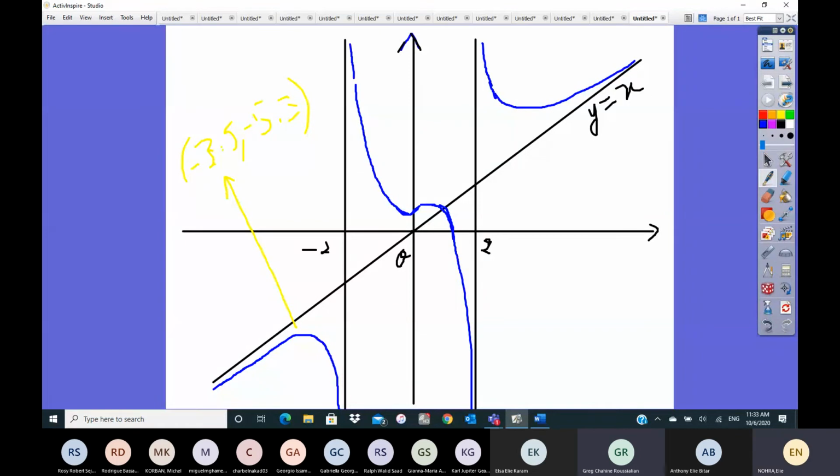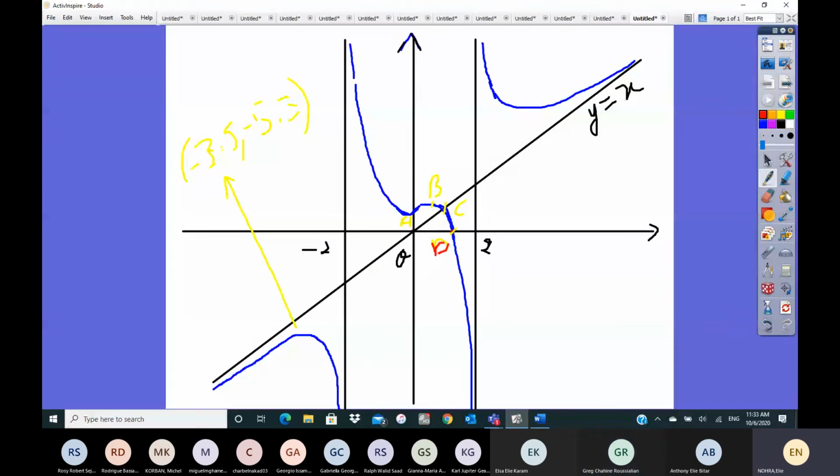Let's assign the exercise, the points. Let's assign all the points here. This is A, this is B, this is C, and this is D. You see them, the A, B, C, D? Let me do it in other colors.